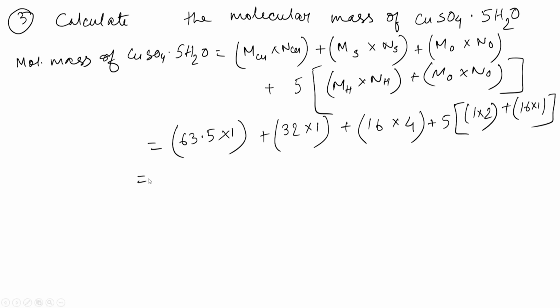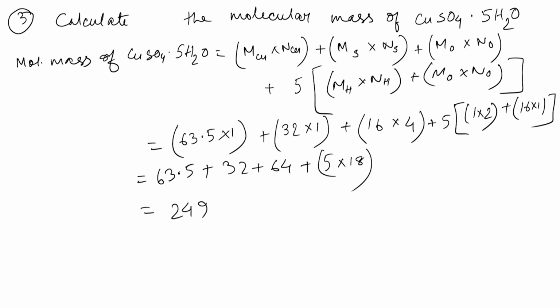Okay. So this will come as 63.5 plus 32 plus 64 plus 5 into 18. Okay. So this comes as 249.5. This is the molecular mass of copper sulfate.